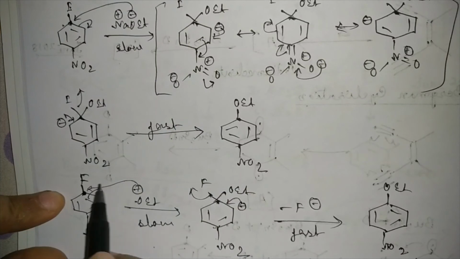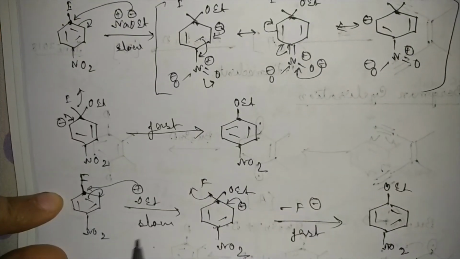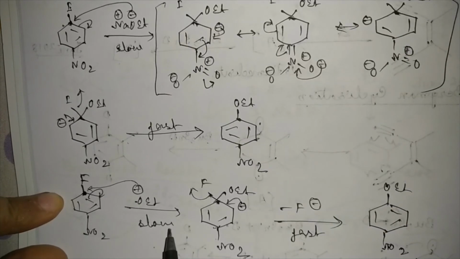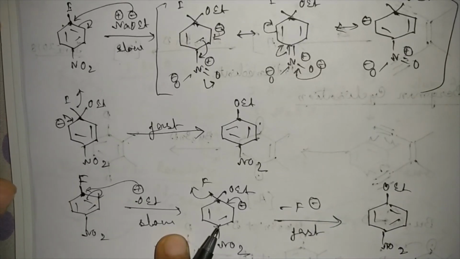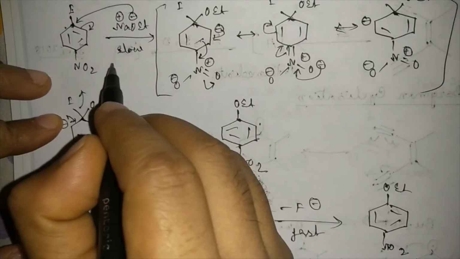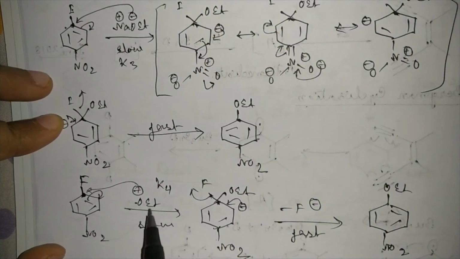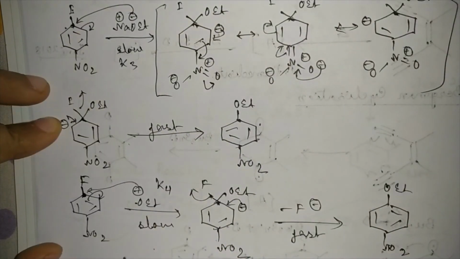So the nucleophile will attack this carbon faster than this. So this reaction will happen at a greater rate than this reaction. So if the rate constant for this reaction is K3 and this is K4, K4 is greater than K3.